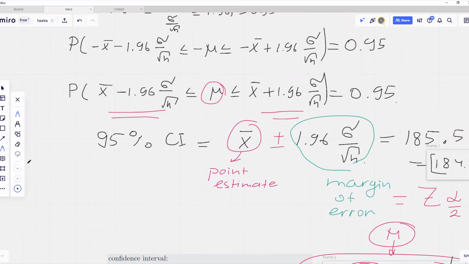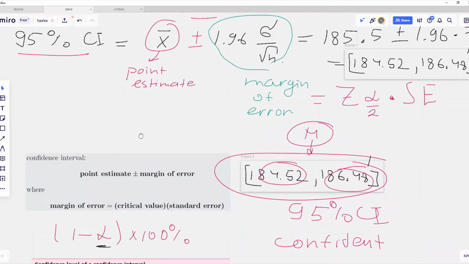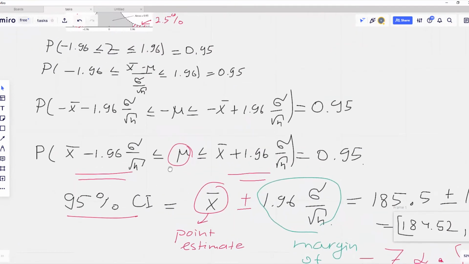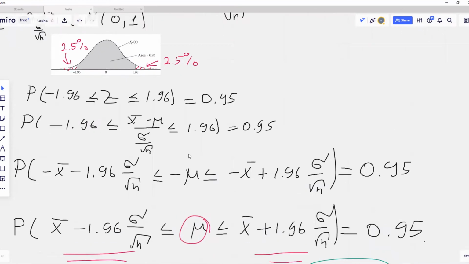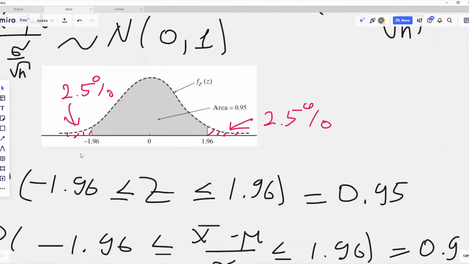But the most standard is the 95% confidence interval.